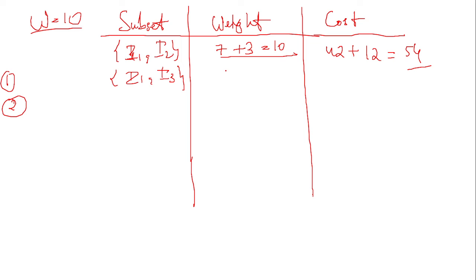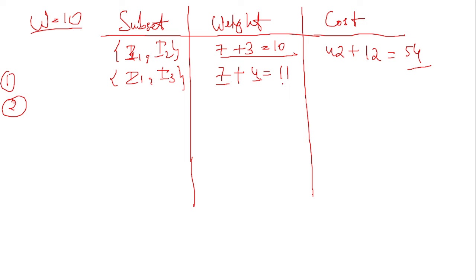Like I'll add item 1 and item 3. Item 1 weight is 7, item 3 weight is 4, which will be 11. I want you to listen carefully here. The weight of item 1 and item 3 is 11.